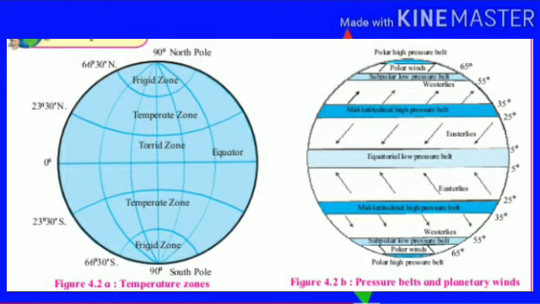So student, temperature zone and pressure belt are also interrelated to each other, and because of this, the temperature zone is larger whereas the pressure belt is narrower. Look at that in the picture. The temperature zone becomes larger and the pressure belt becomes narrower.